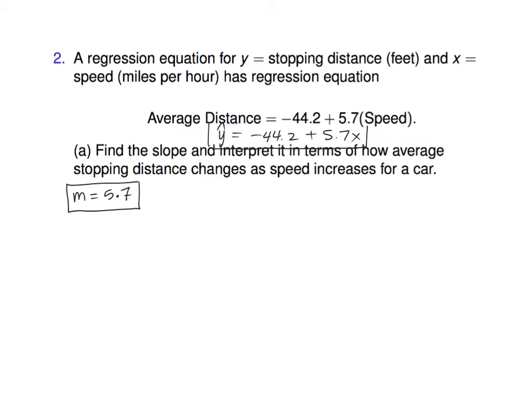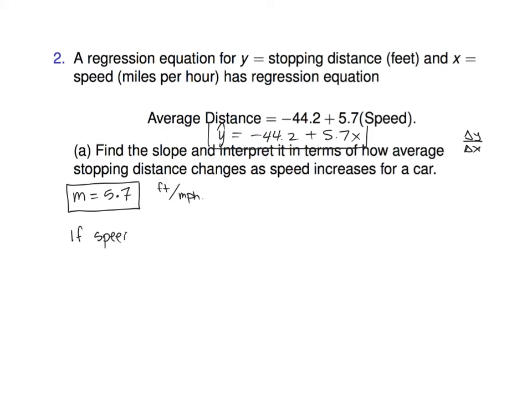That is the more important component of this lesson. So remember that slope is change in y over change in x. So the units of this thing are y's units over x's units. So y is measured in feet, x is measured in miles per hour. So this is like 5.7 over 1. If miles per hour goes up by 1, then feet goes up by 5.7. And miles per hour was your speed.